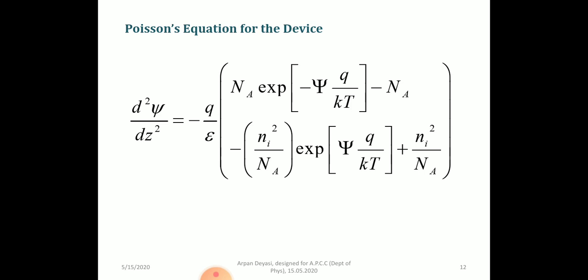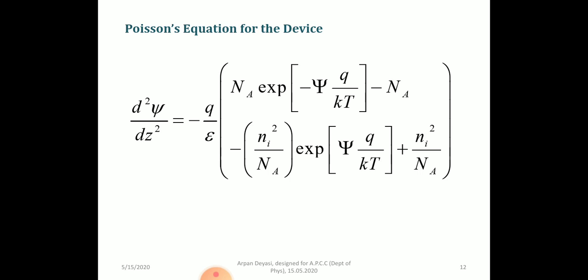The first term, N_a exponential minus q psi by kT, is nothing but p(z), minus N_a, that is our original N_a, minus n_i squared by N_a exponential psi q by kT, that is minus the n(z) term, plus n_i squared by N_a, which is basically our dopant concentration, N_d. So N_d minus N_a, I am substituting n_i squared by N_a minus N_a, that's very simple, and I am getting the values of p(z) and n(z).